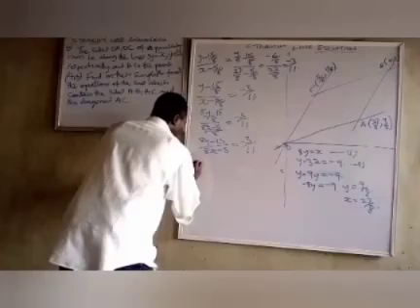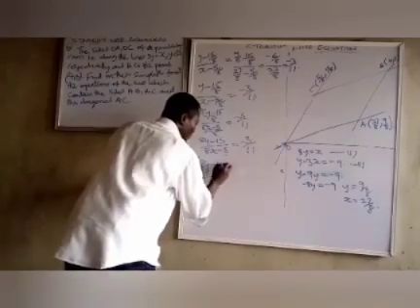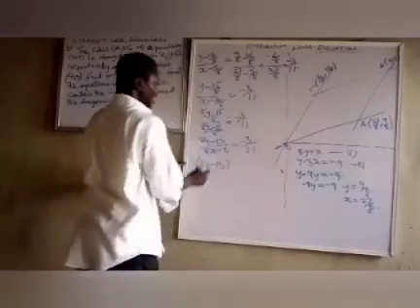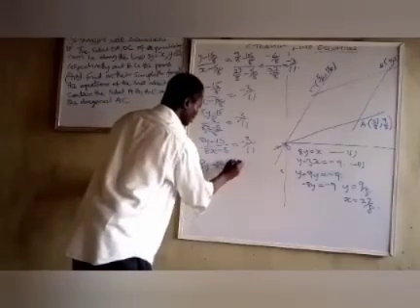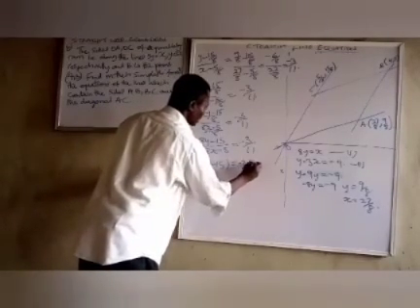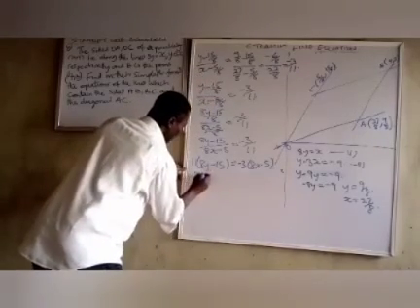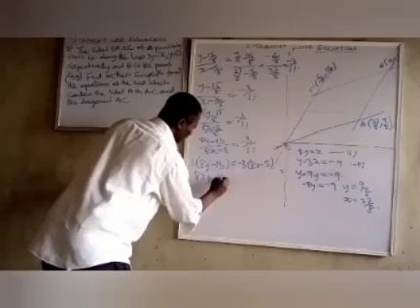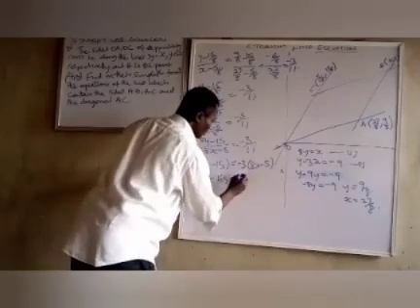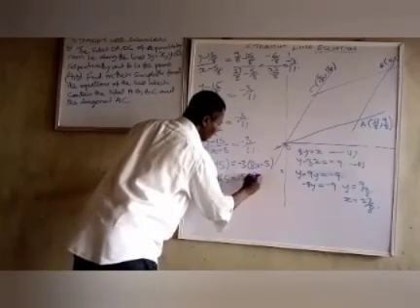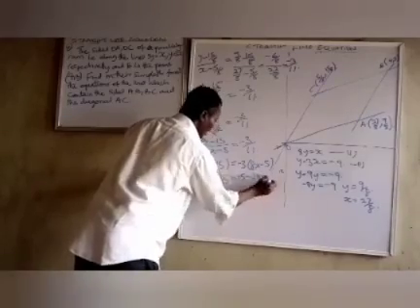I'm going to have it like this: 11 into (8y minus 15). I hope you are getting it. It's going to give me minus 3 into (8x minus 5). So this is 88y minus 165 equal to 15 minus 24x.